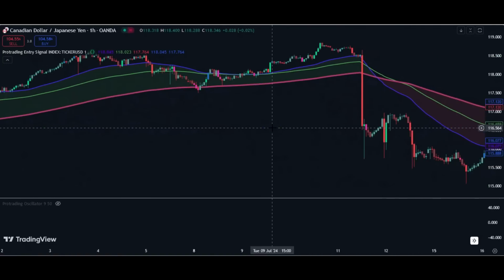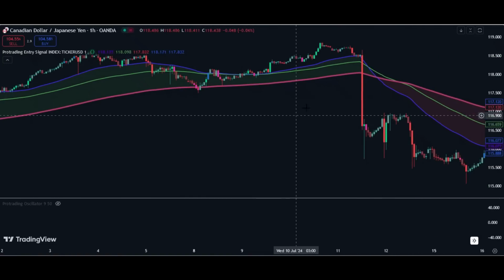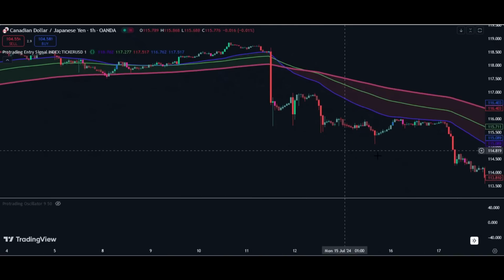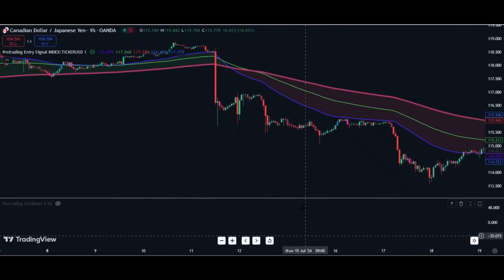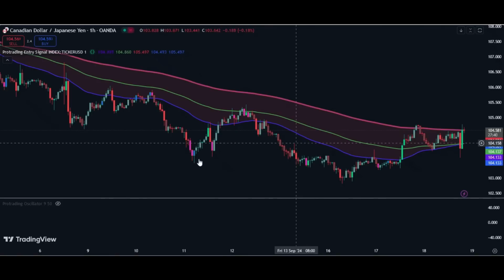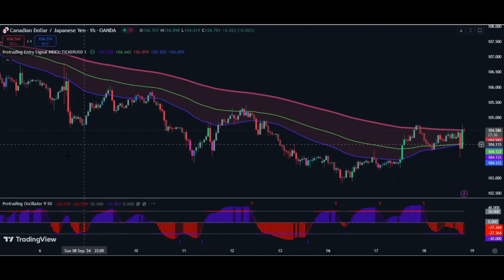So this is the biggest thing that you need to identify in every market, in every asset class which you intend to trade at any particular point in time. So having said this, the second indicator which we are going to look at is our pro trading oscillator.